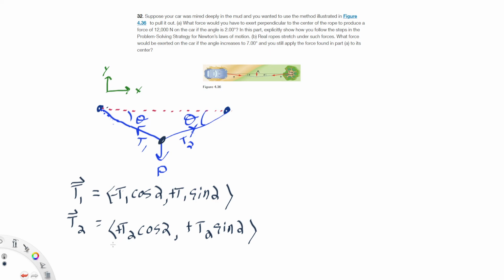All right. And then lastly, we have our pulling force, which is only going to be in the y direction. All right. So if we're going to apply Newton's second law at the point where P is applied, let's start with the y direction.